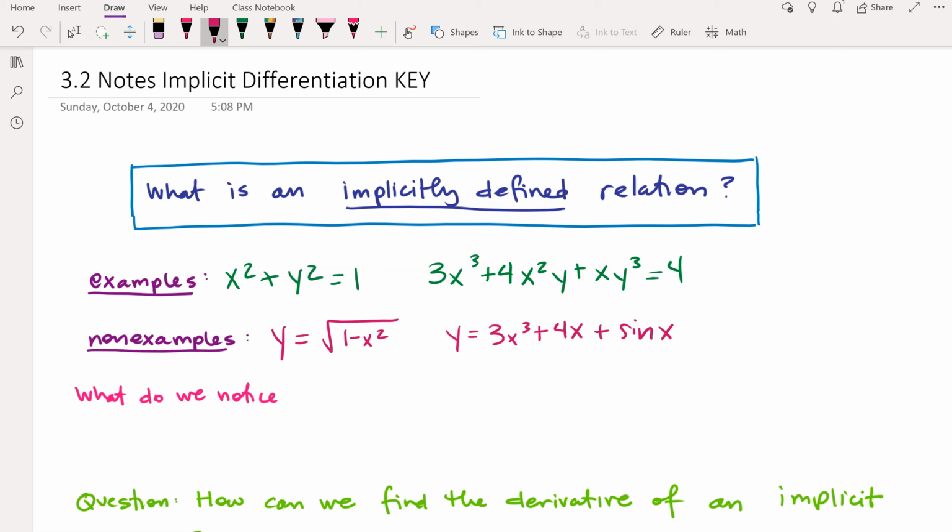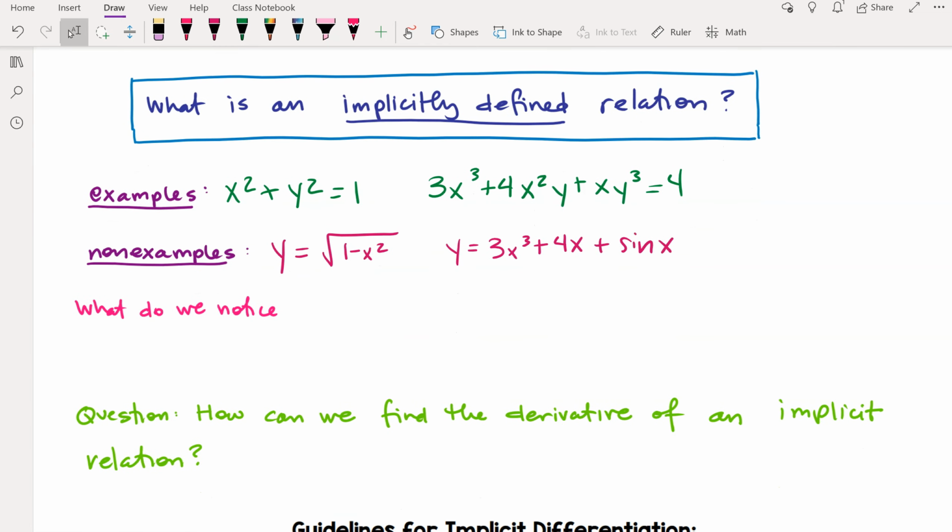What do we notice? Well, we should notice that for implicit relations, we have x and y together, on the same side of the equal sign. y is not isolated. So what can we say? We can say that it's not explicit.